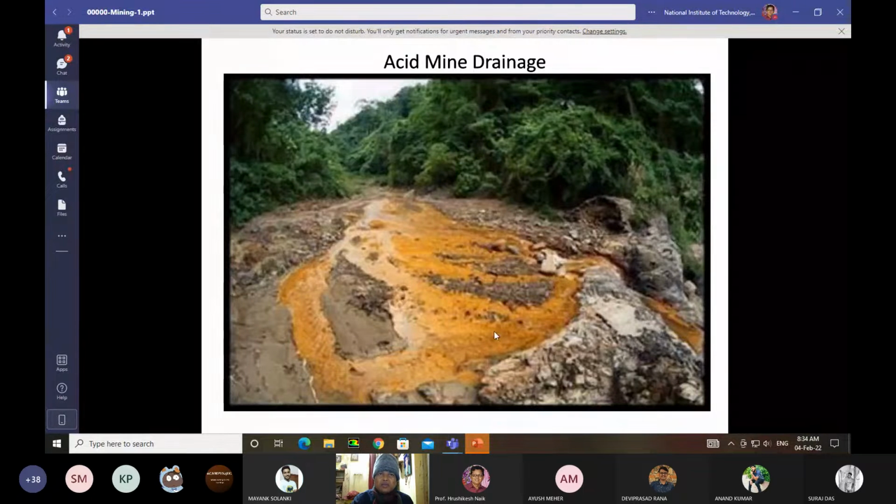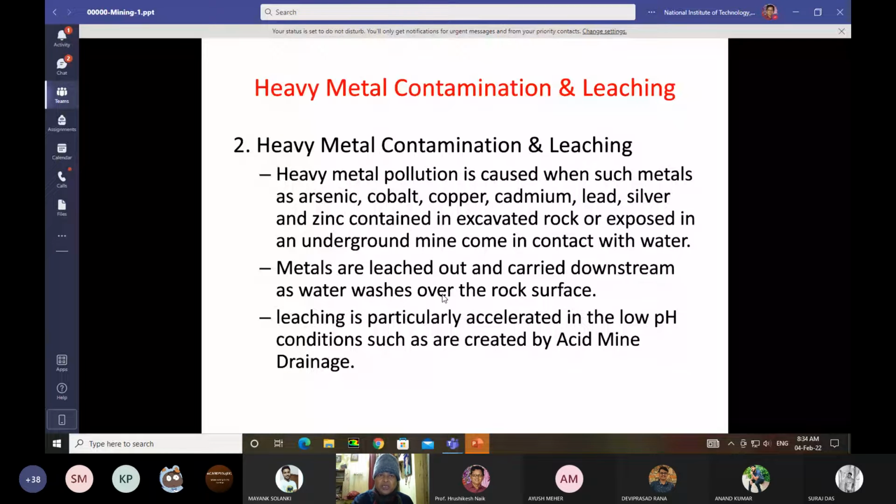And sometimes heavy metal contamination and leaching also take place. Heavy metal pollution is caused when metals such as arsenic, cobalt, copper, cadmium, lead, silver, and zinc contained in excavated rock or exposed in an underground mine come in contact with water.